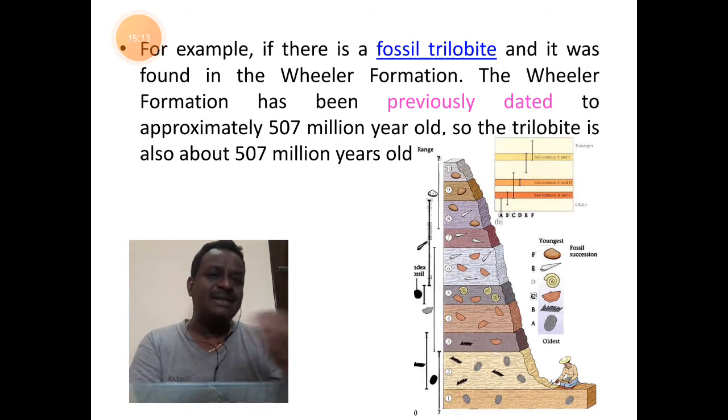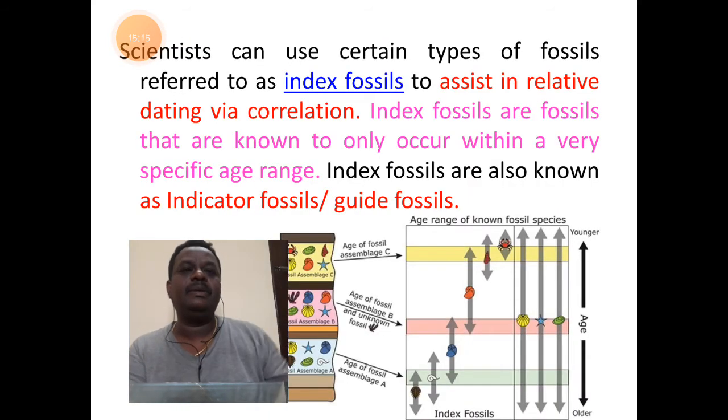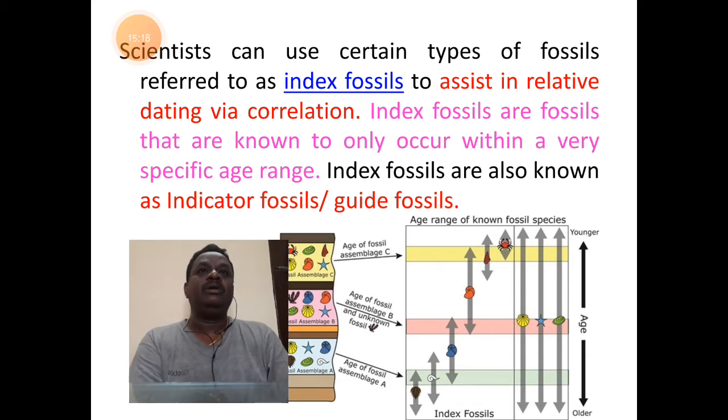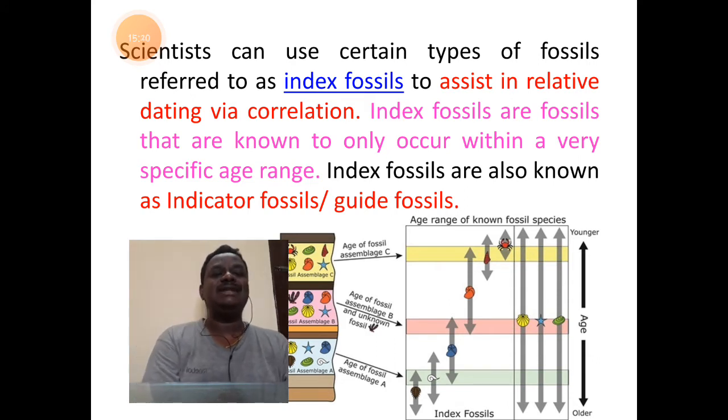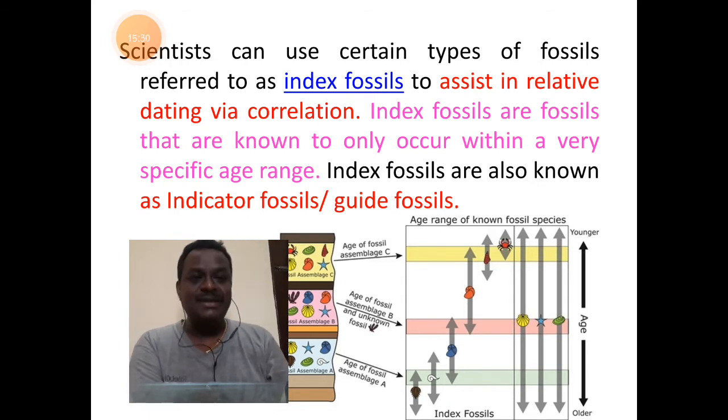We just compare and say so. For relative dating or indirect dating, we need special kinds of fossils called index fossils.